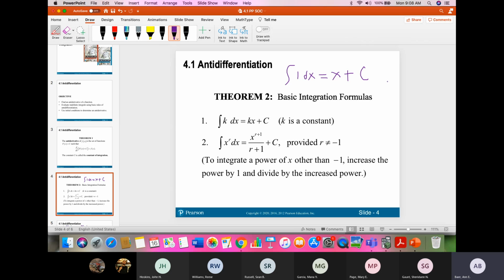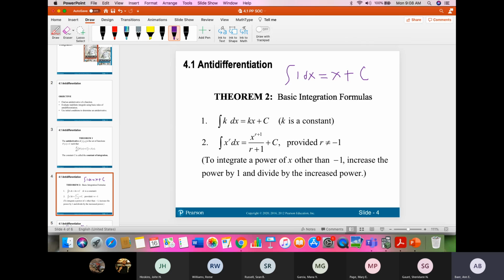We could have x plus 5 million, x minus 20,000. We could have the constant of integration equal to negative 1,000, positive 1 million, the number e, or the number pi. We could generate an infinite number of those.